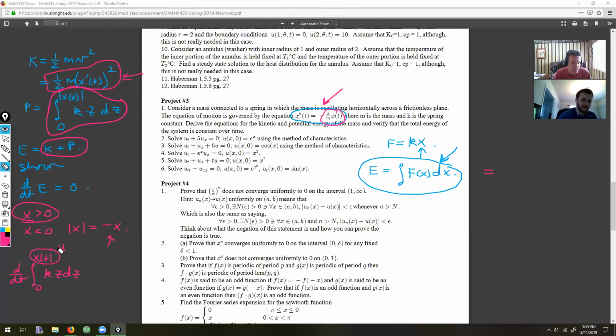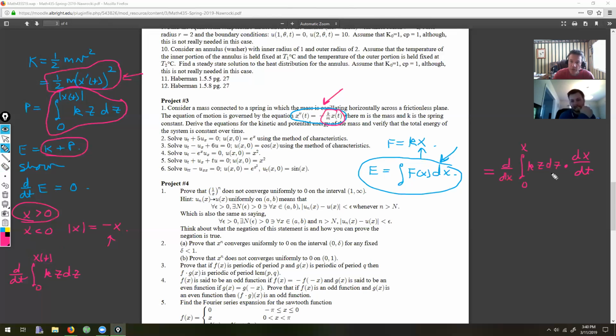So that's going to equal d/dx of the integral from 0 to x of kz dz, times dx/dt. See how the dx is canceled? And then you get d/dt of this quantity back. So you know you're doing your chain rule right.